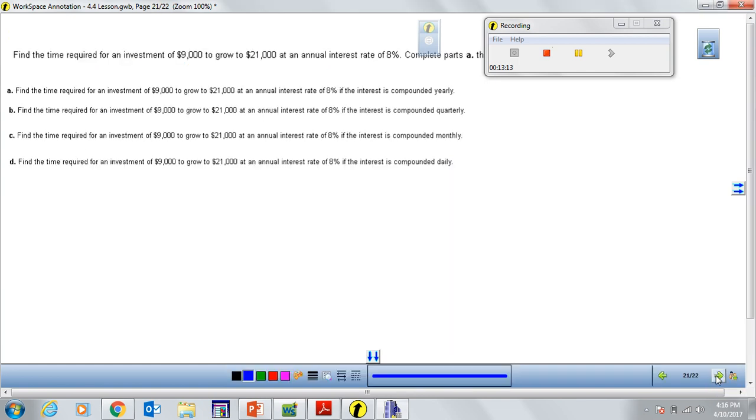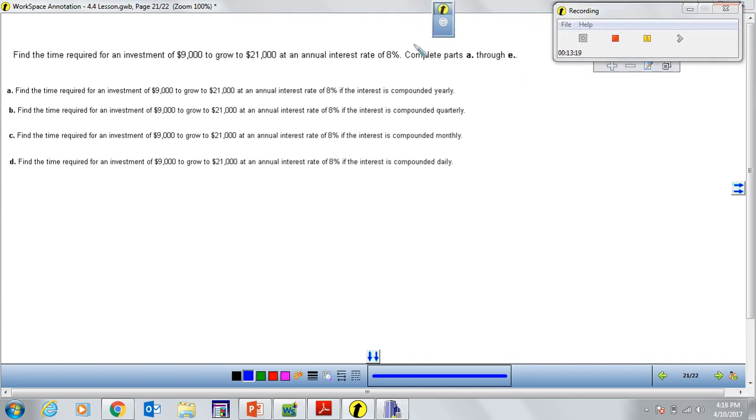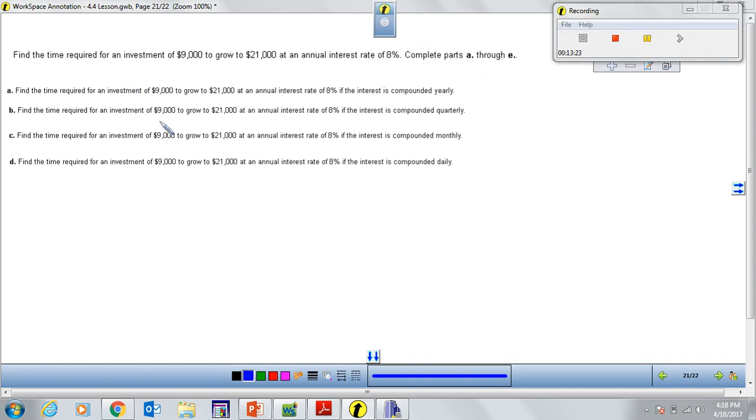So, moving on to the next question. This reading problem is going to be this one, and the next one, the one on the next slide, is going to be about compound interest. It says, find the time required for an investment.